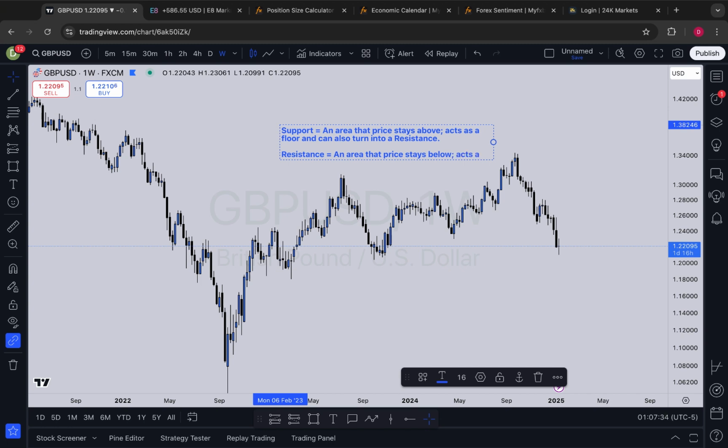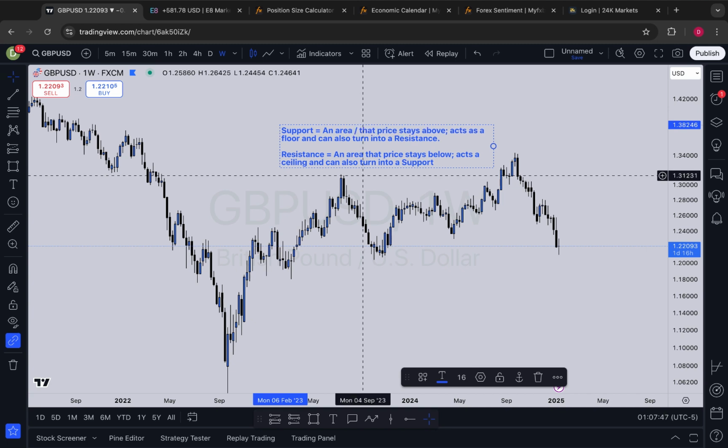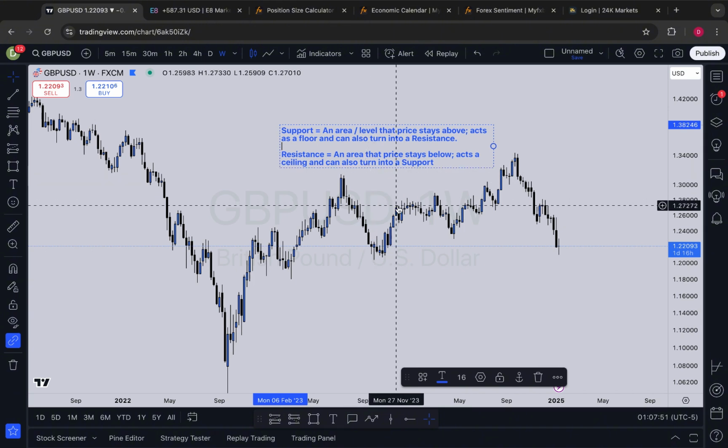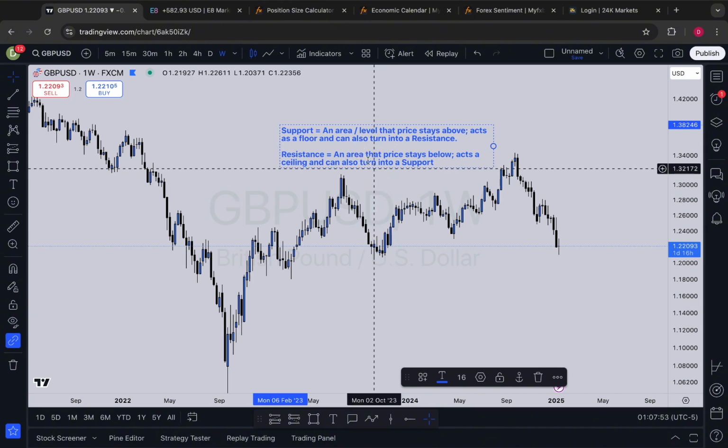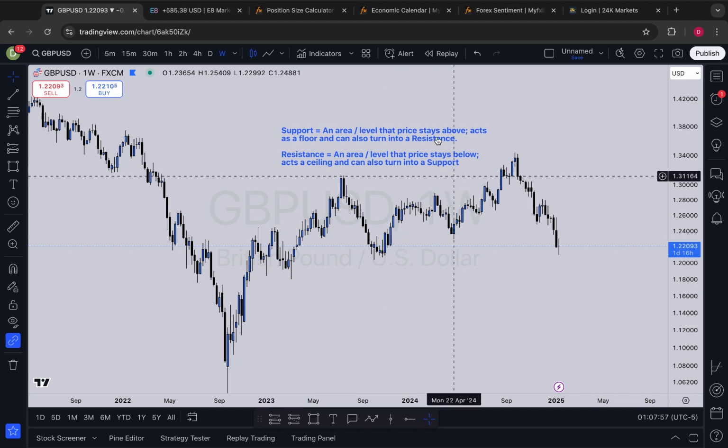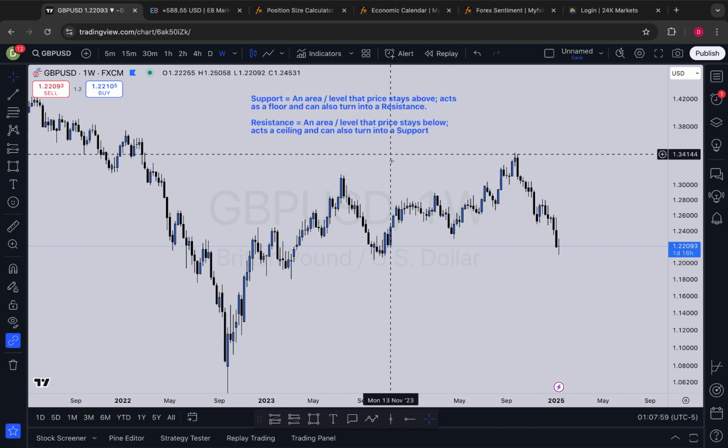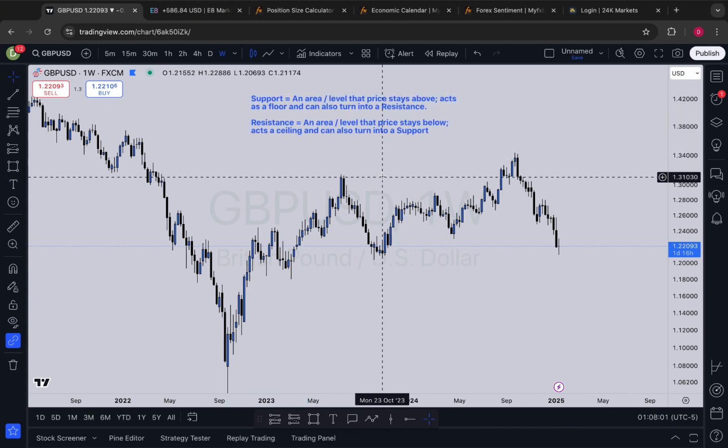Acts as a ceiling and can also turn into a support. An area, or I'll say an area slash level, right? Area slash level that price is before. All right, so what does that mean?